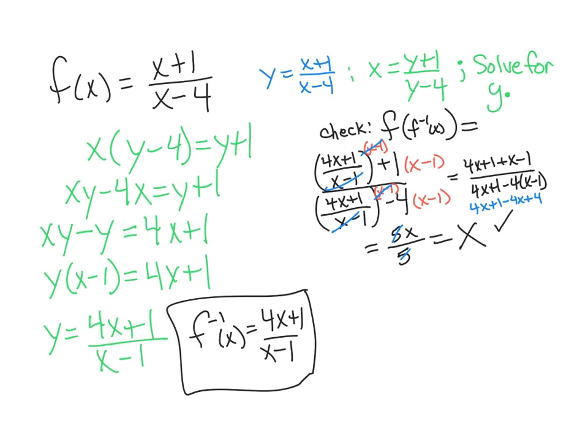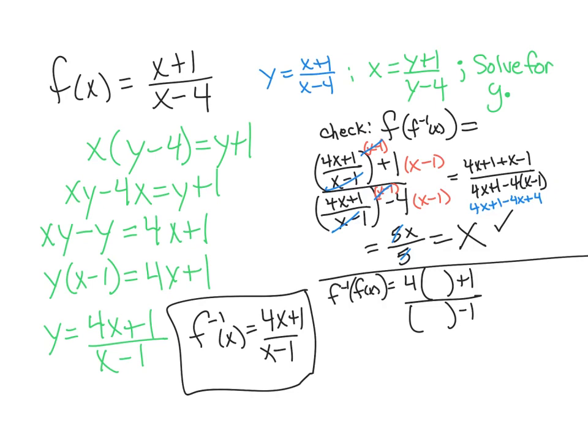And it checks out. But I'm going to do it again. I'm going to find f inverse of f of x, just to be sure. F inverse says 4 times something plus 1 over something minus 1. And the something is the entire function itself, (x plus 1) over (x minus 4).